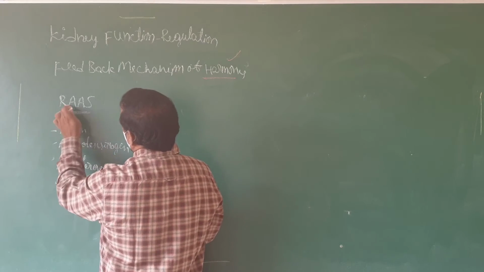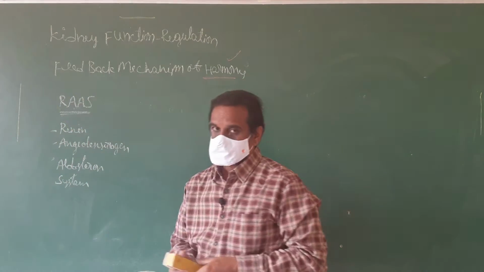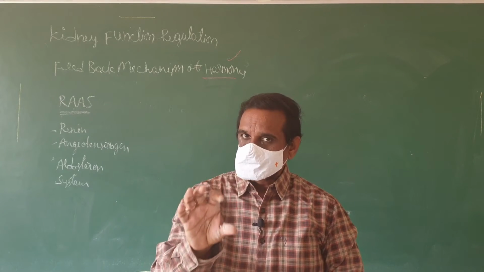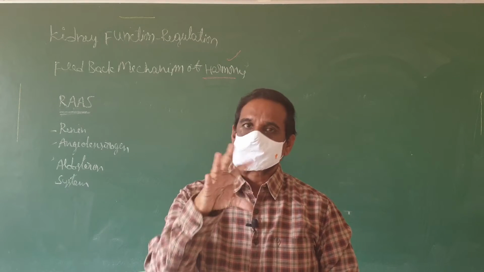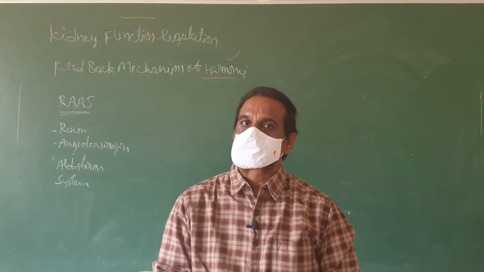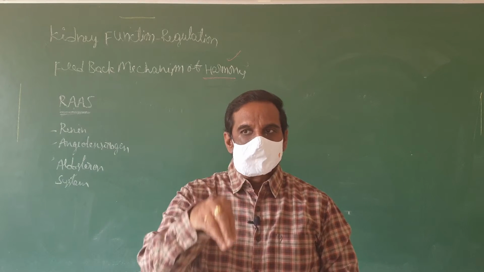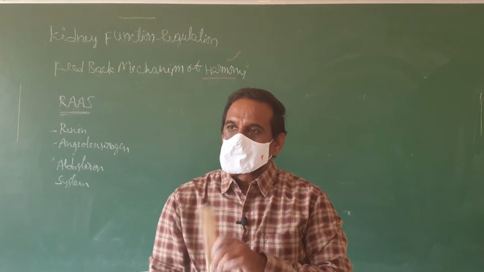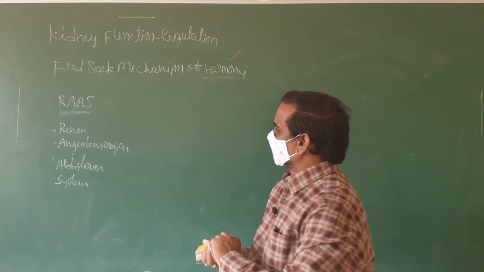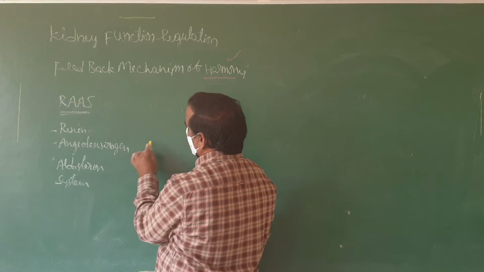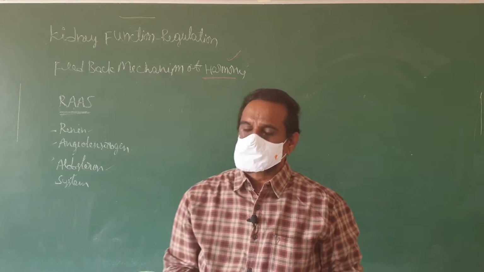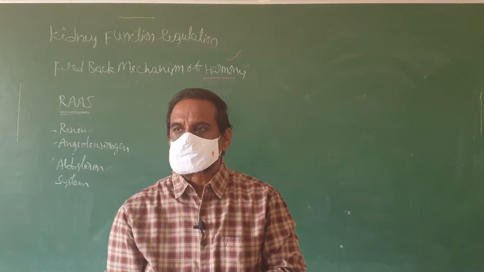RAS mechanism, the full form of RAS is renin angiotensinogen aldosterone system. This is another hormonal feedback mechanism which regulates and monitors the kidney function. Renin, angiotensinogen, aldosterone, these together work to control the kidney function.